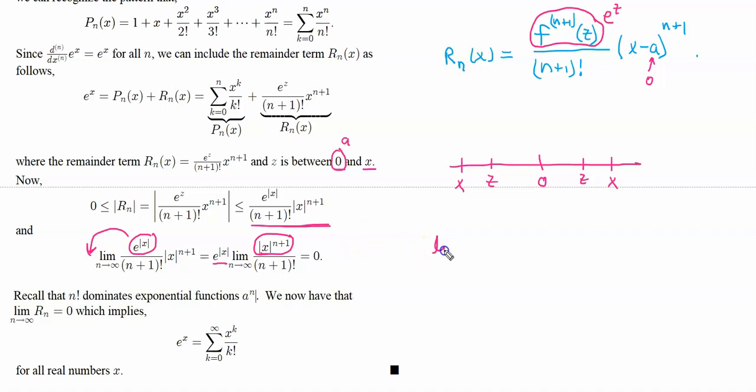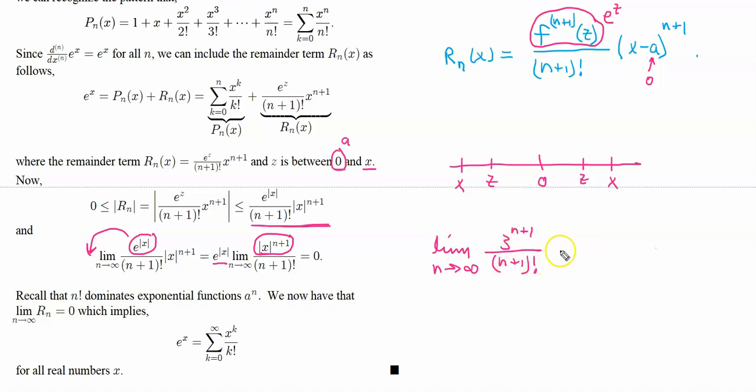So, if we look at the limit as n approaches infinity, 3 to the n plus 1 over n plus 1 factorial. Just think of the x as being fixed, for example, the number 3. Now, if you think about this limit for a moment, you should be able to justify to yourself that this limit is going to be 0.